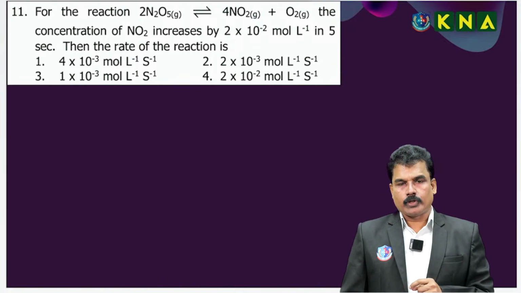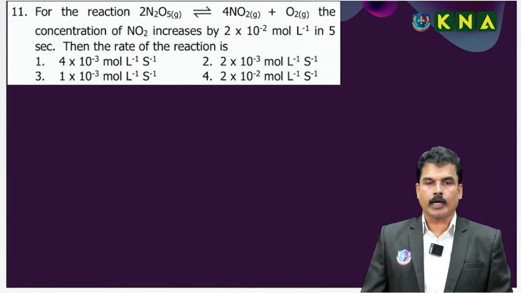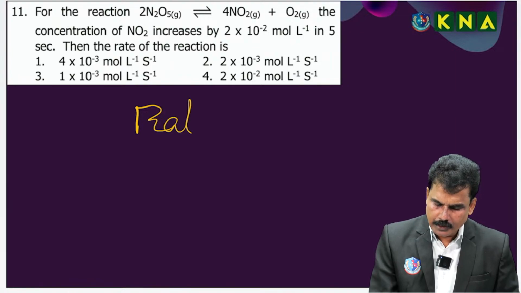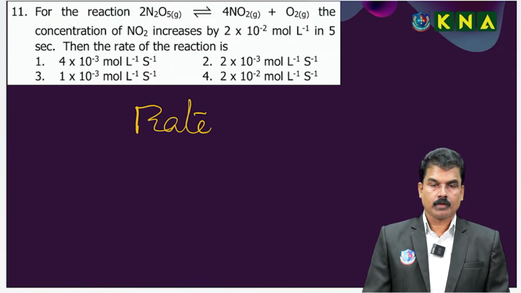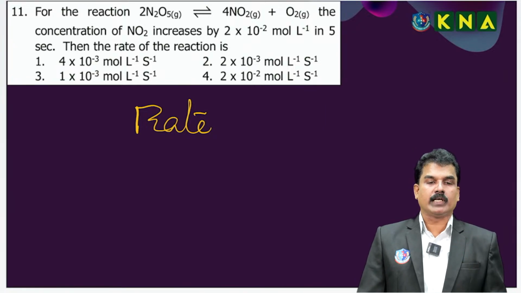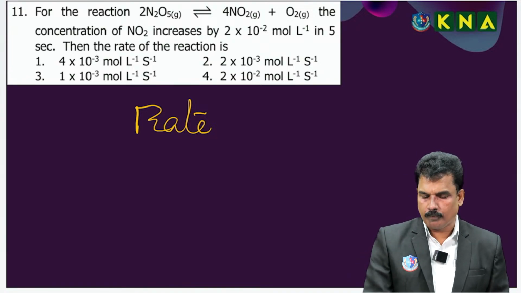Based on their chemical equation, they mentioned the concentration of NO2. So with respect to NO2, we can write the rate expression. Rate is equal to change in concentration with respect to change in time. Rate we are always calculating for 1 mole. Here in the equation, NO2, 4 moles will be forming.